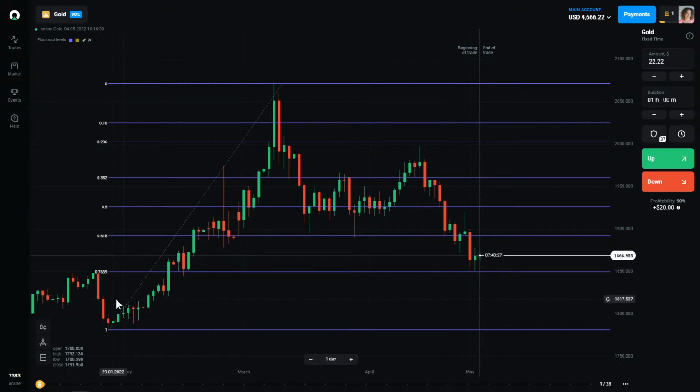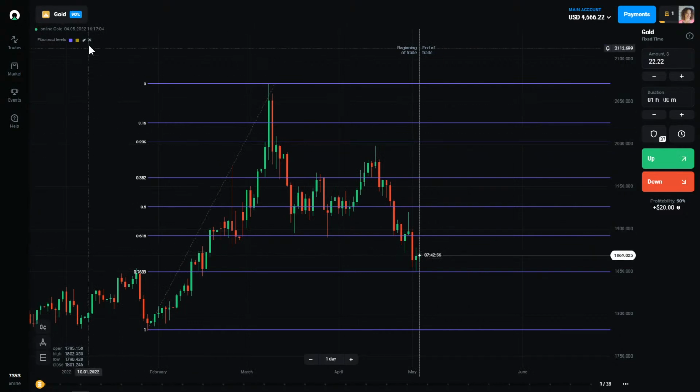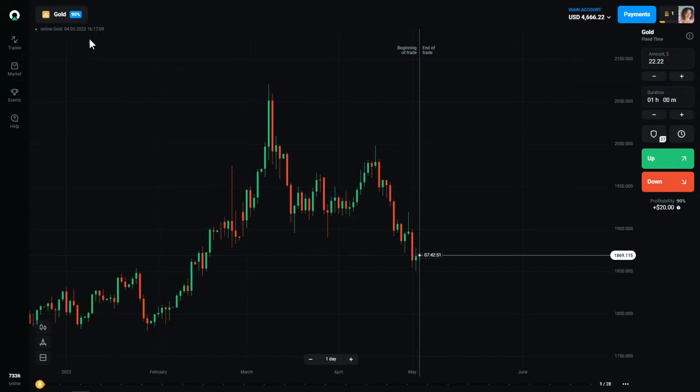So technically speaking, although the situation on the market is iffy and there's a lot of things going on, since it broke the 61.8% Fibo level, this uptrend is currently no longer active. So a lot of times, if it breaks the 61.8% level, although look, it's using this level as well, you can leave the Fibonacci level on the chart, but technically speaking, if it breaks the 61.8 level, you can go ahead and delete it.